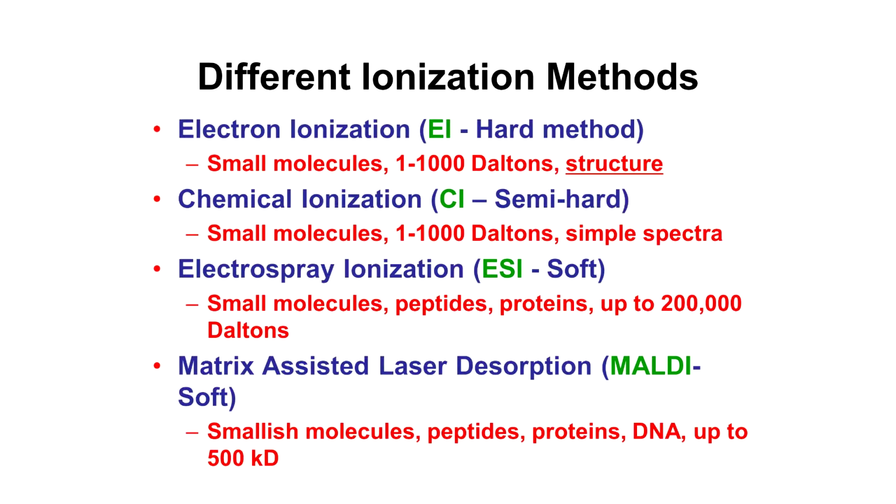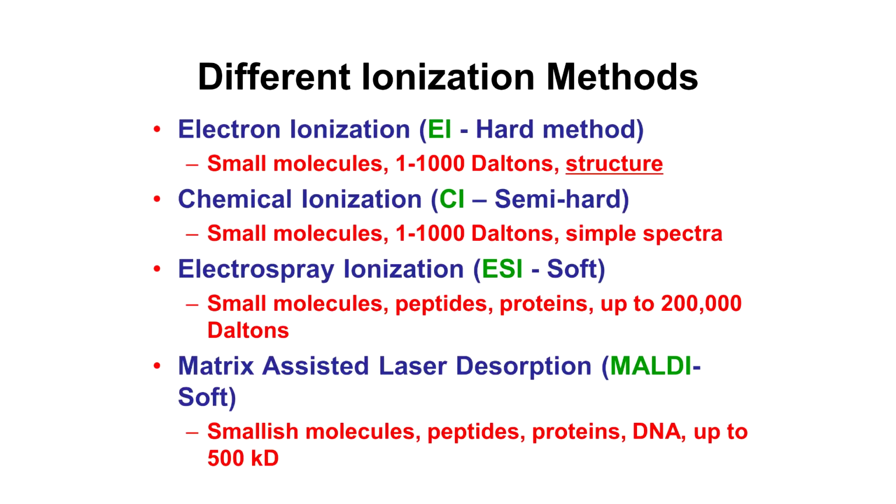It's a matter of impacting the molecule with high energy, 70 electron volt electrons that fragment and shatter the molecule. They give you structural information. Chemical ionization is a less common method, but it's not as hard in terms of what's being derivatized. It allows you to often see the parent ion mass. Spectra are a little simpler, sometimes a little more predictable.